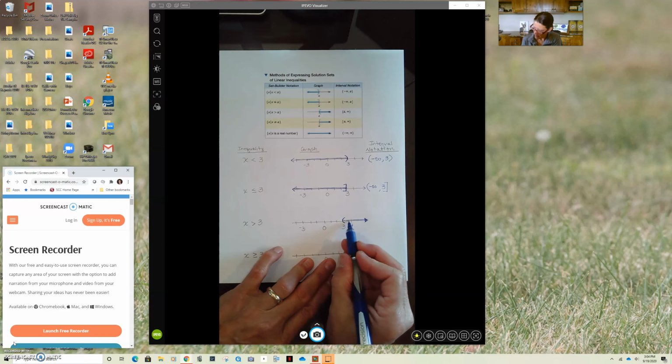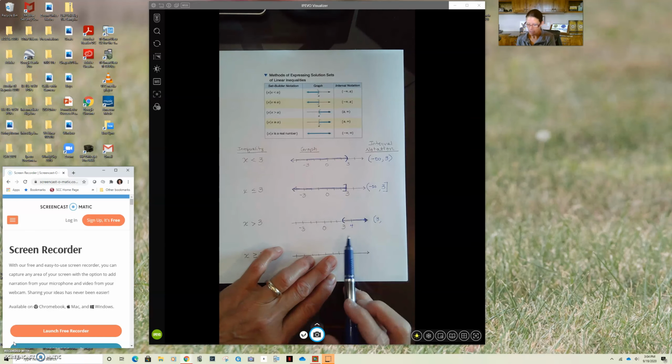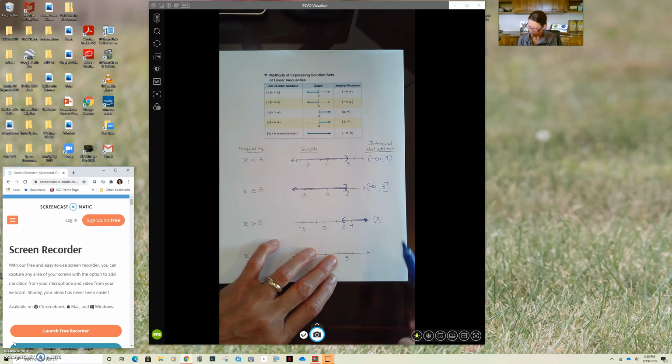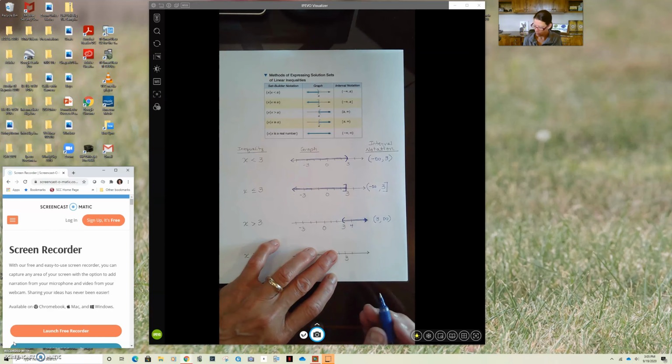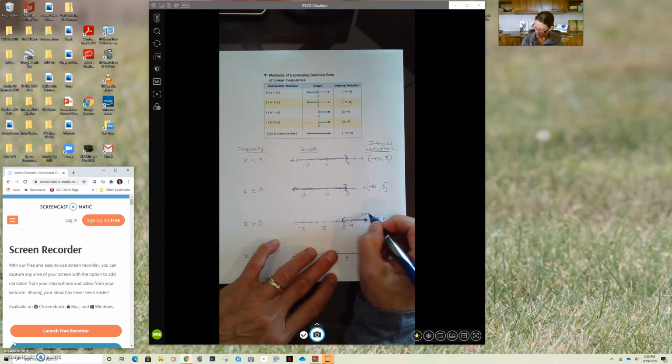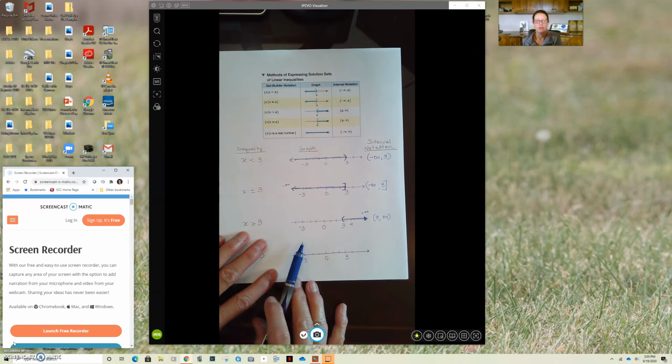Now as we describe this graph using interval notation, it has 3 on the left, not included, and then all values greater than 3 in the direction of positive infinity. So positive infinity is to the right, and negative infinity is to the left on our number lines, okay?